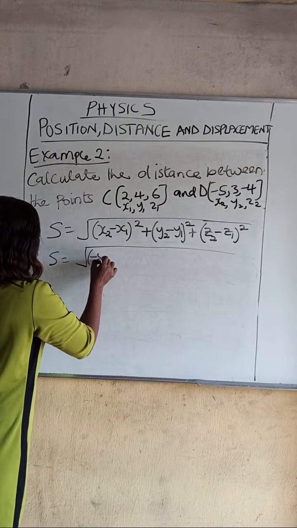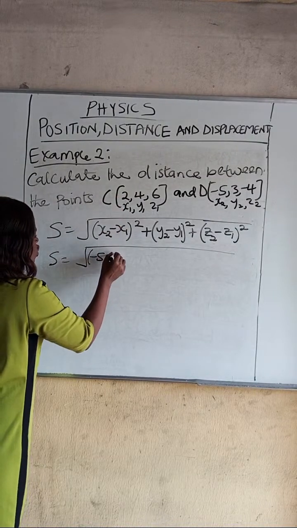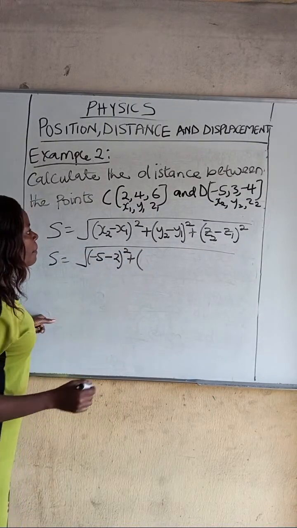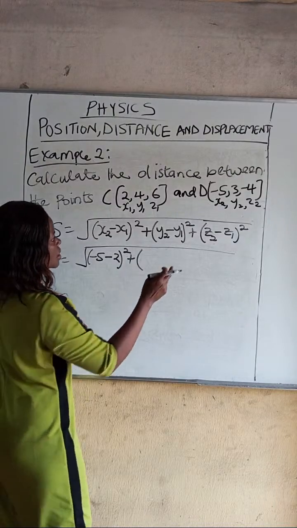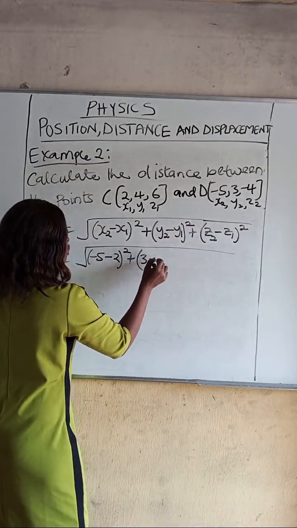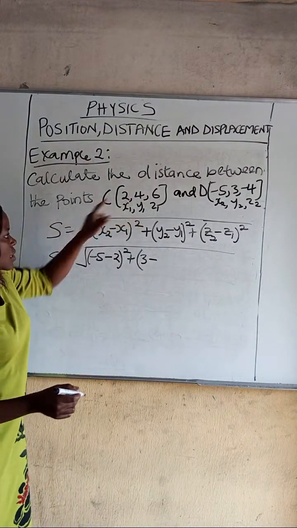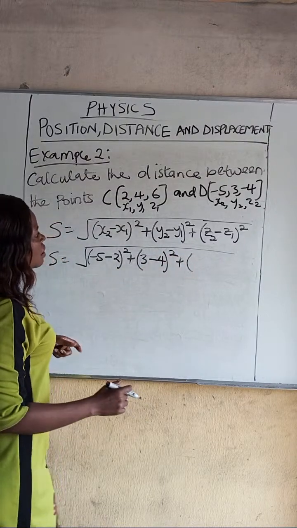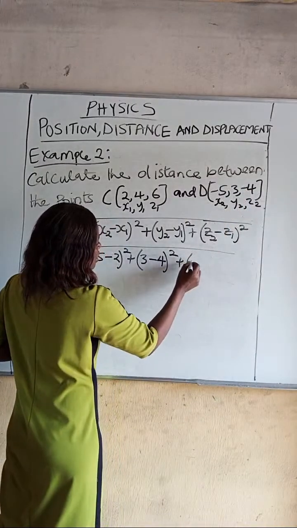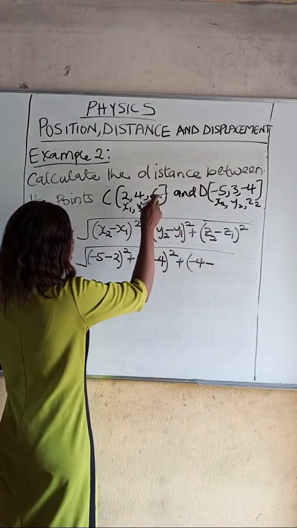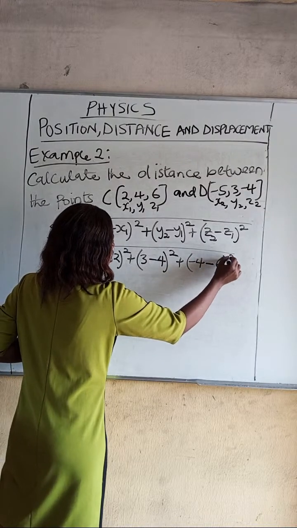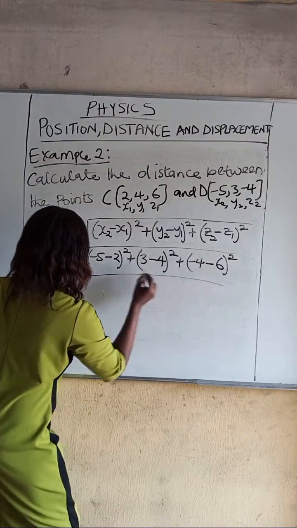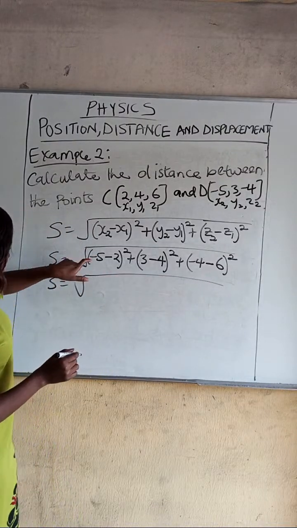So -5 minus my X1, which is 2, all squared, plus my Y2 is 3, minus my Y1, which is 4, all squared, plus my Z2, which is -4, minus my Z1, which is 6, all squared. So let us work it together.